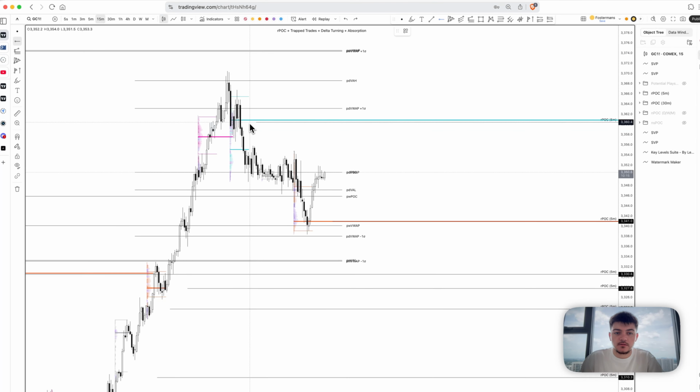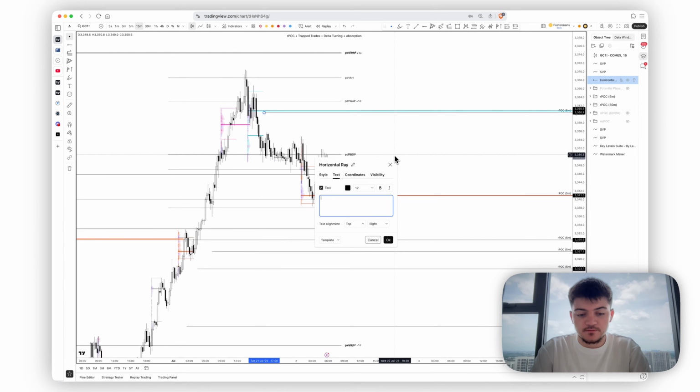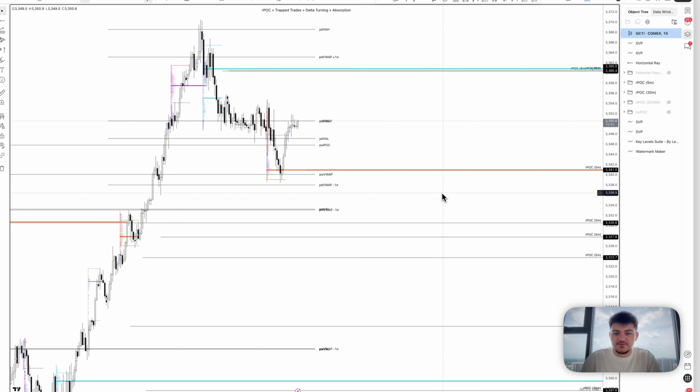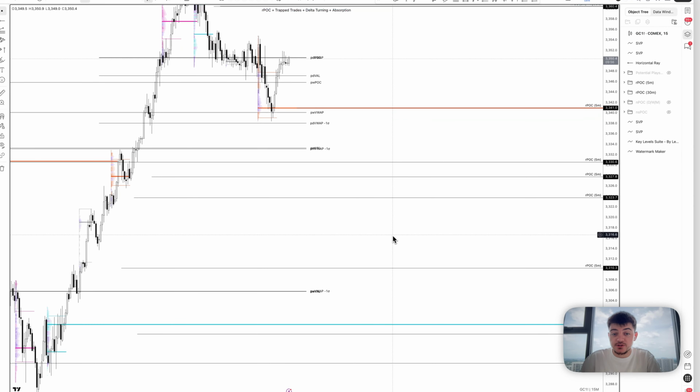I'd mark that out, POC. Oh no, range POC on the 5-min, plus a New York POC. A lot of you guys could actually leave these levels naked. I personally don't.